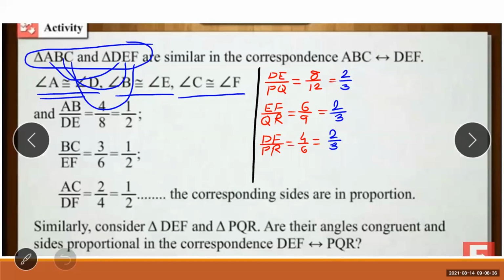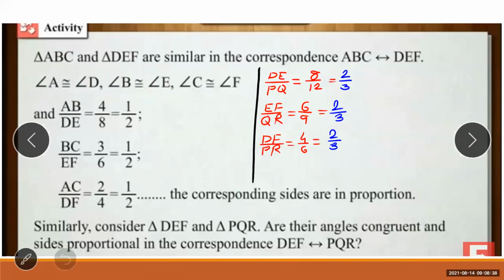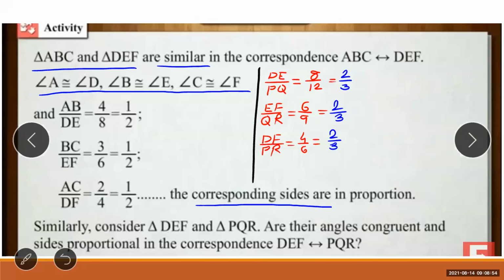No more confusion. Now see, if two triangles are similar and their corresponding angles are congruent to each other, then their corresponding sides are in proportion. Okay, corresponding sides are in proportion.